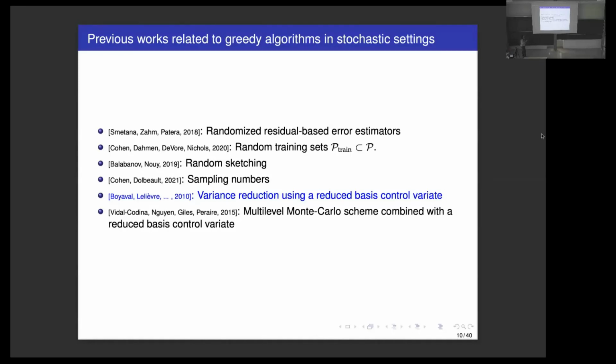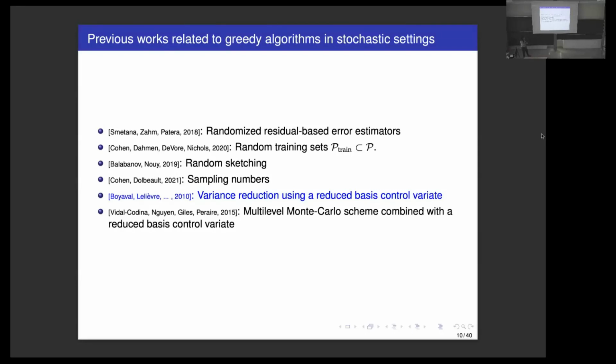There have been contributions by Albert Cohen, Wolfgang Dahmen, Ron DeVore, and James Nichols about the use of random training subsets for these greedy algorithms, which are subsets of the parameter value set that can be used at each iteration of the greedy algorithm. And what I'm going to talk about is a variance reduction method, which was designed by Sébastien Boyaval and Tony Lelièvre, using a reduced basis control variate paradigm.